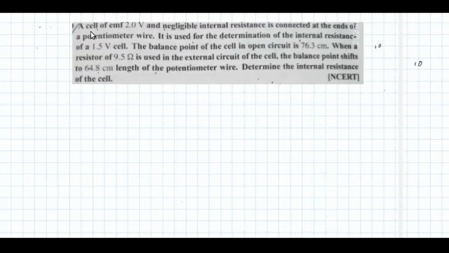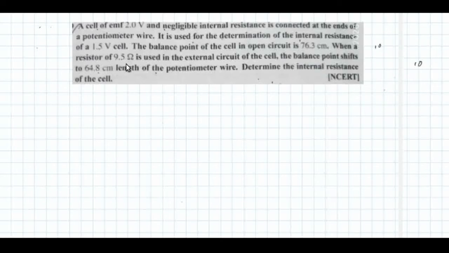Next question. A cell of EMF 2 volt and negligible internal resistance is connected at the ends of a potentiometer wire. It is used for the determination of the internal resistance of a 1.5 volt cell. The balance point of the cell in open circuit is 76.3 centimeter.